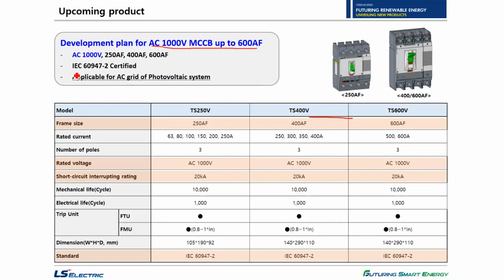It will be an IEC certified AC MCCB with 20 kiloamps short-circuit breaking capability. We believe this solution is already highly requested by our renewable energy customers and truly hope that the time will come soon to launch these products to the market.